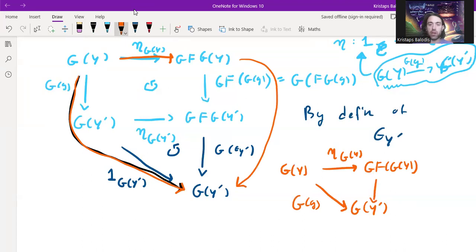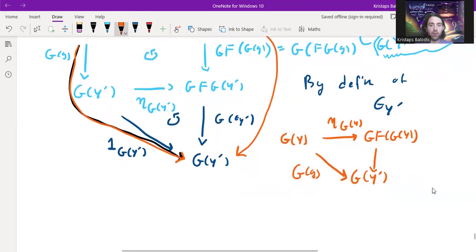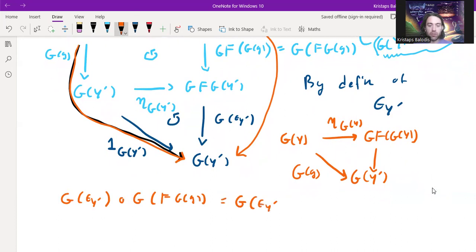But what is that arrow there? Let me write it out a little bit more fully. The thing that goes there is G epsilon sub y prime composed with G of F G G, but that is G of some arrow, right? And remember that when we set up this diagram, this is the diagram that defined whatever our H was, right?